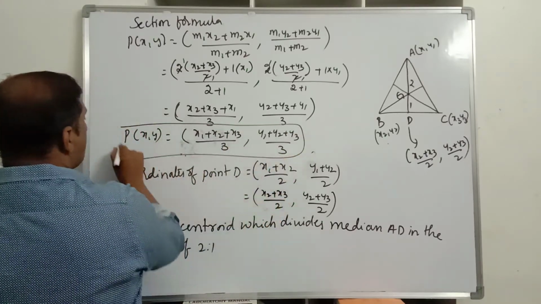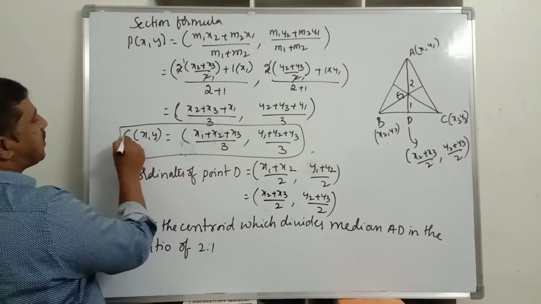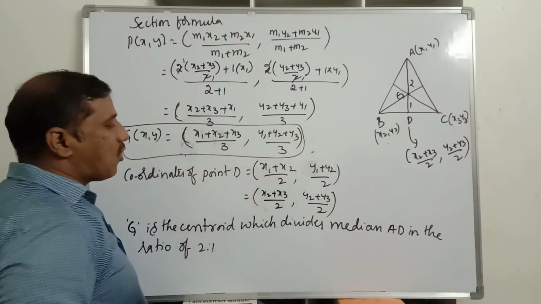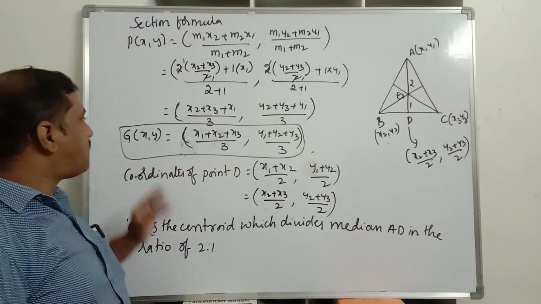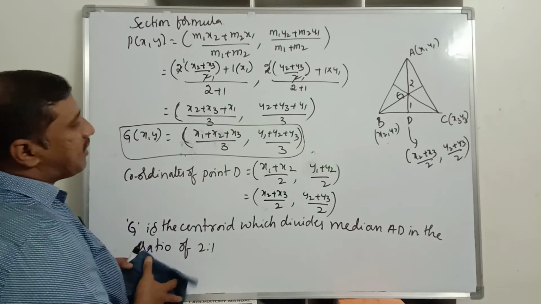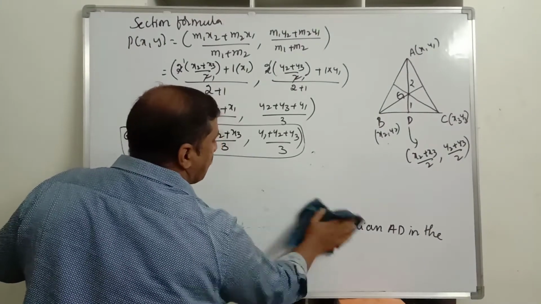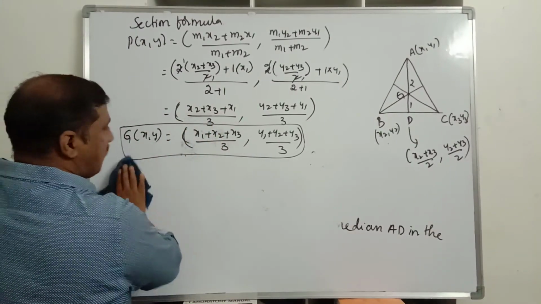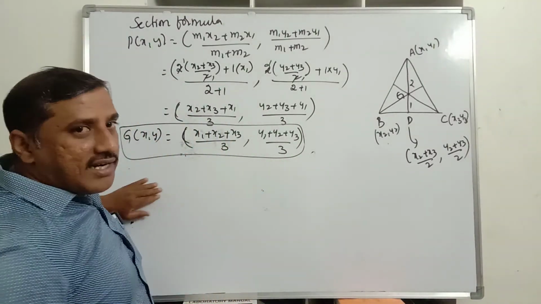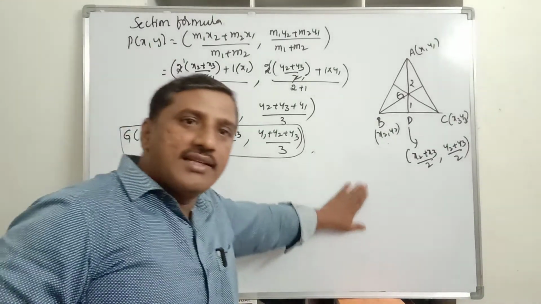The point we have taken as G, you can substitute G in place of P. So this will give you the coordinates of the centroid: x1 plus x2 plus x3 by 3 comma y1 plus y2 plus y3 by 3. That is, the average of the x coordinates of the 3 vertices of the triangle gives the x coordinate of the centroid, and the average of the y coordinates of the 3 vertices gives the y coordinate of the centroid.